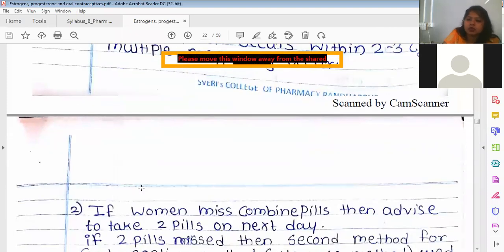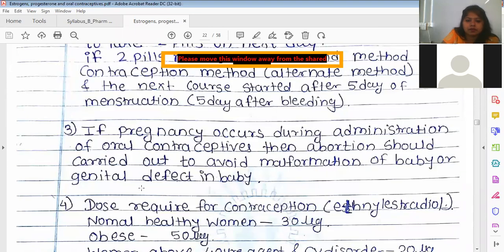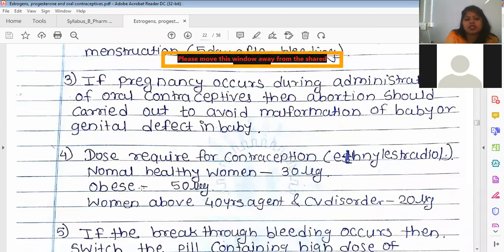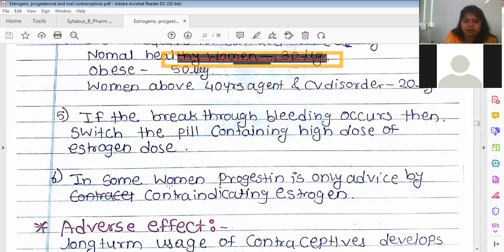And after 2 to 3 cycles of menstruation, it is safe to take the chance. Then the dose required for contraception is 30 microgram for a normal healthy woman, 50 microgram for an obese woman, and for a woman above 40 years or with cardiovascular disease, 20 microgram. Clear?